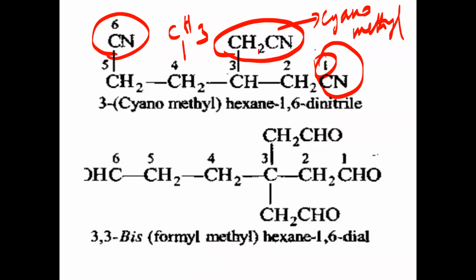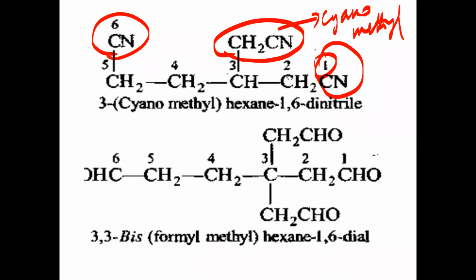This is not cyanide here, it is methyl cyanide, that means a cyanomethyl group. So we should not take the special secondary suffix, and we should give numbering from one cyanide to the other cyanide.